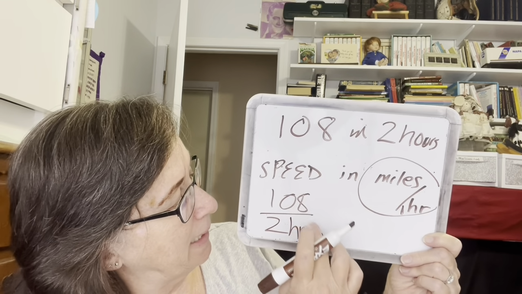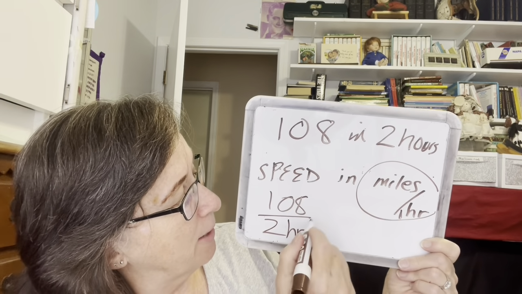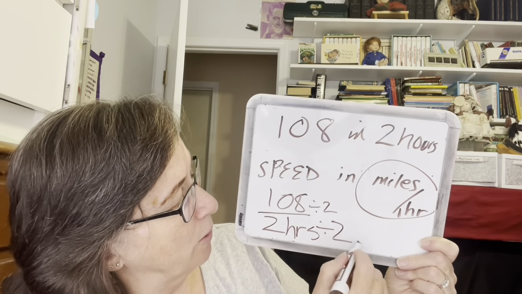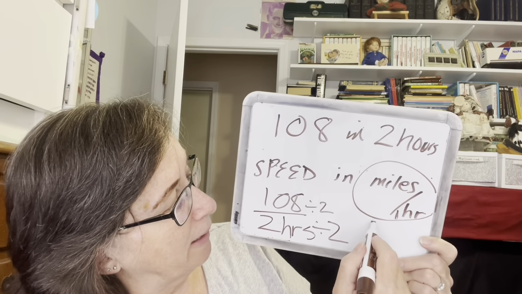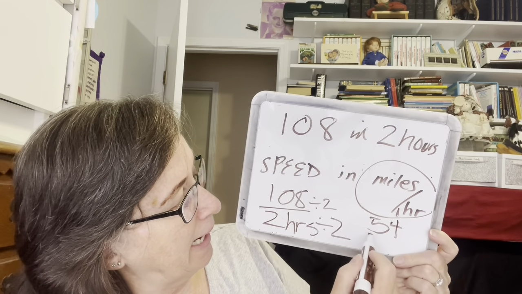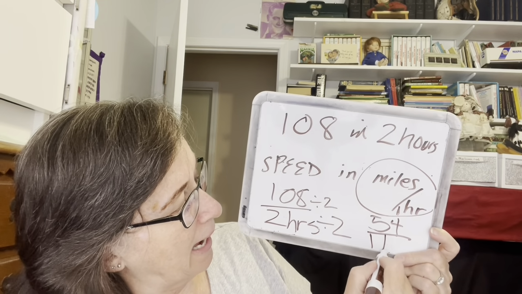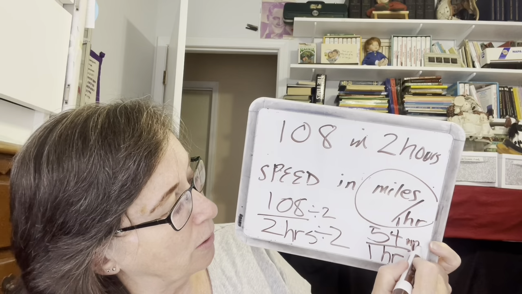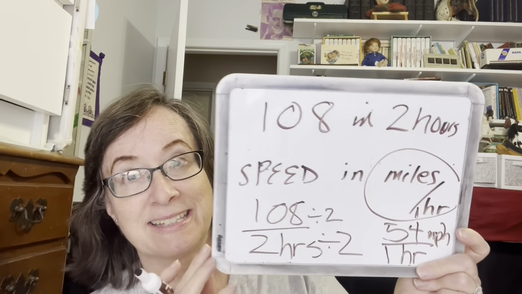Don't we simply need to simplify this by dividing by 2 and dividing by 2 on the bottom? So we're going to get 54, which is half of 108 in 1 hour. So 54 miles per hour is the average speed.